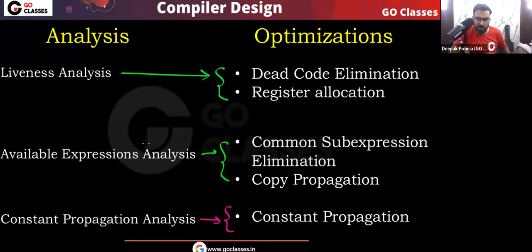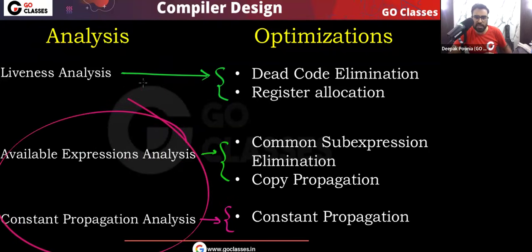And when we perform available expression analysis or constant propagation analysis, then we go in the forward direction. So remember, liveness analysis is done in the reverse direction, and available expression analysis and constant propagation analysis are done in the forward direction.